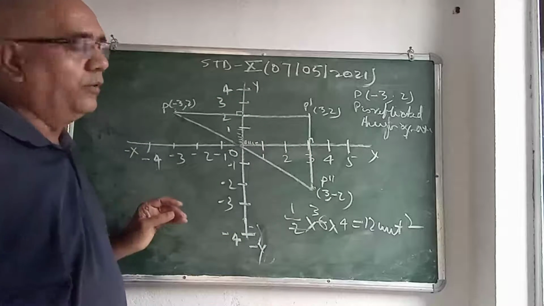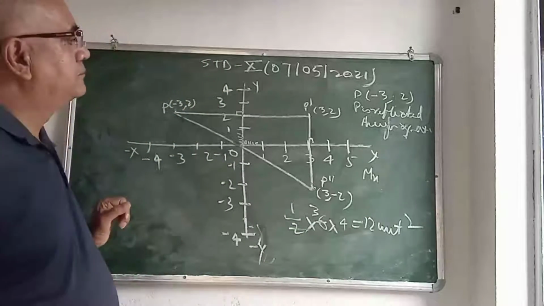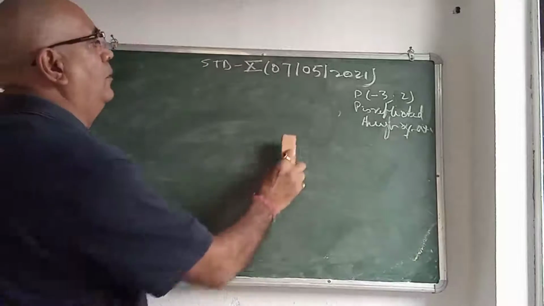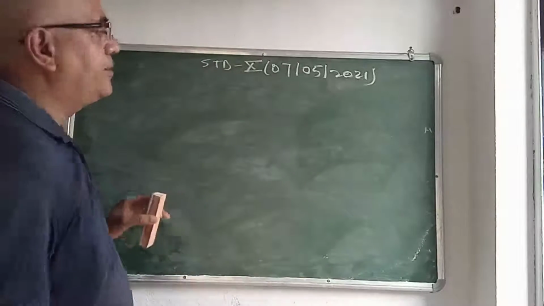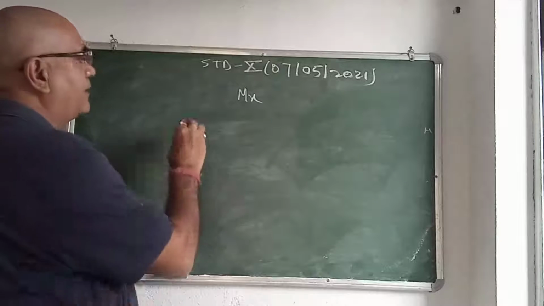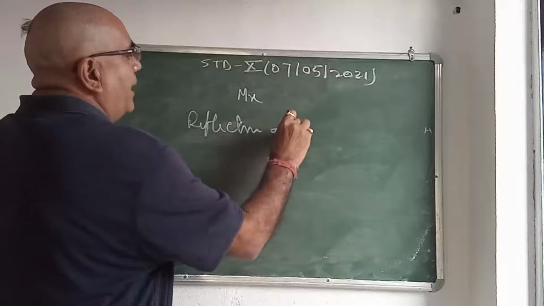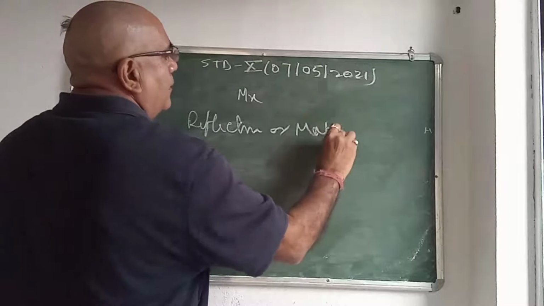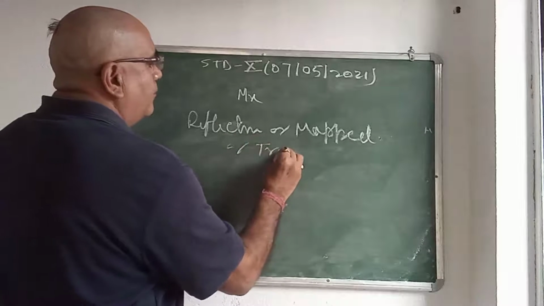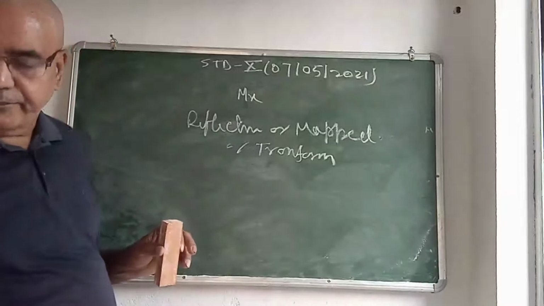Now it is written in your book as Mx. If it is written Mx, the word will be either reflection, or mapped, or transformed. M stands for mapped.